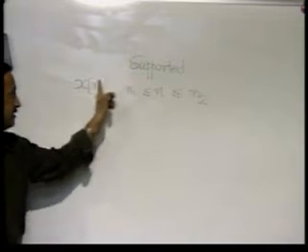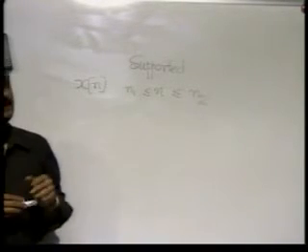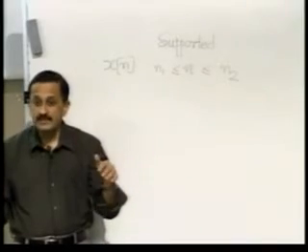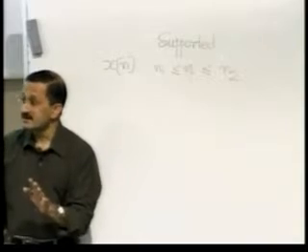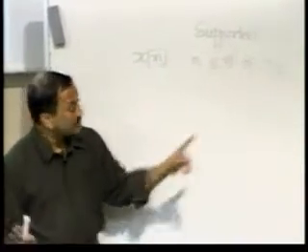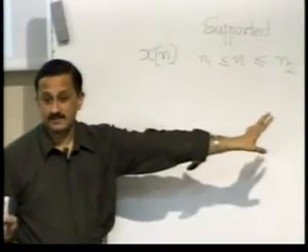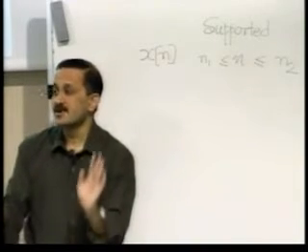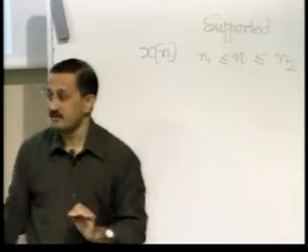That means xn is non-zero only in this range. Now I must emphasize that when I say xn is supported between n1 and n2, I don't mean that xn must be non-zero for all those points. What is certain is that xn is 0 outside that range. But it could very well happen that some of the points in the interior are also 0.